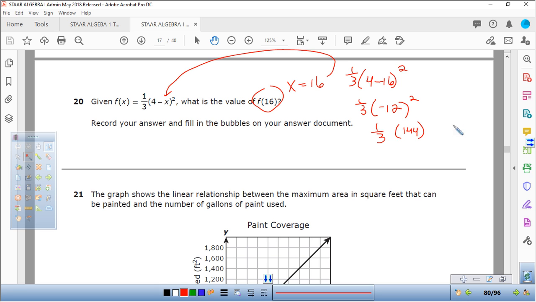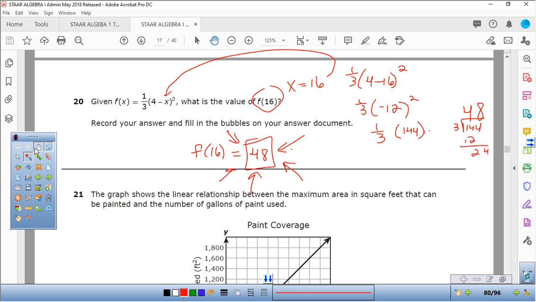I don't even know, 3, what is that, 4, 12, 48. So f of 16 is equal to 48. This is your answer, okay? That is what you put on your Scantron.